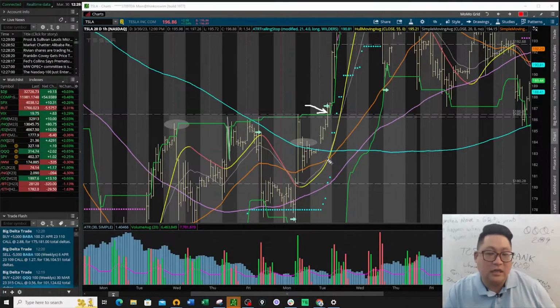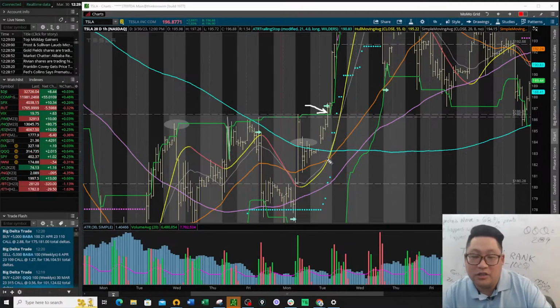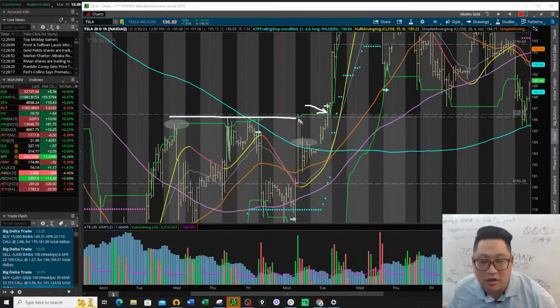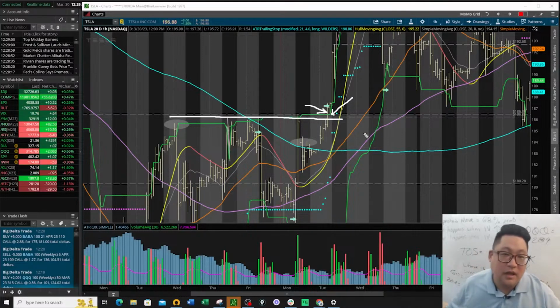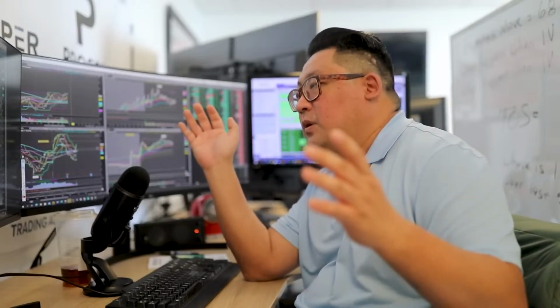So as you can see, the white arrow is pointing to the actual bar that broke out that channel, and the green arrow is pointing to the hourly bar, and something magical took place there. When it came back down to that previous resistance level, or the top of the box, right, you can see that box drawn out, they utilized that level as support. In this situation, this would be what we would look for as a breakout buy, okay?